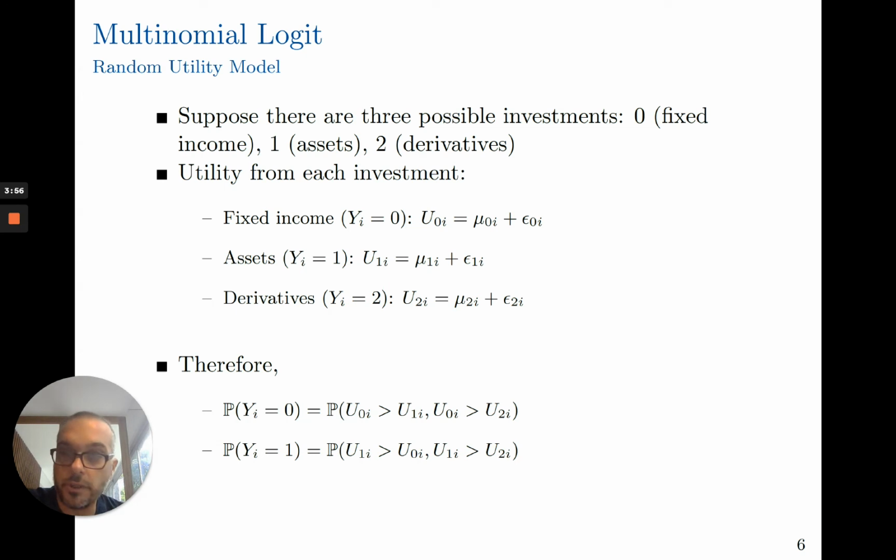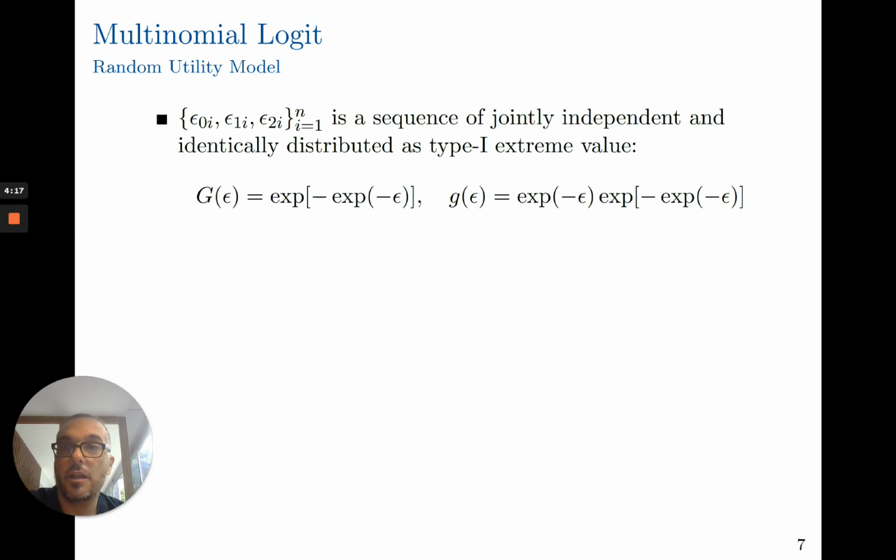Accordingly, we can define the probability of investing in assets with the same reasoning: the probability of the utility of assets being larger than the other two utilities. And the same thing for derivatives. Hope it's clear.